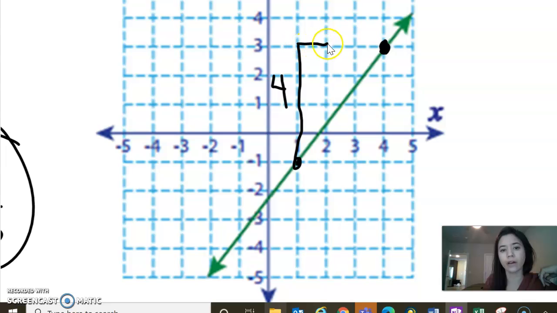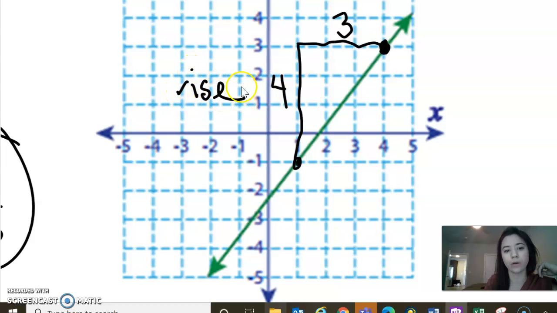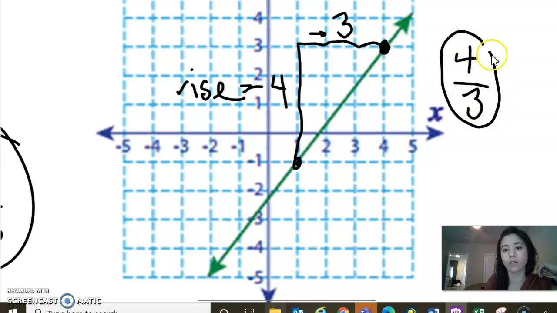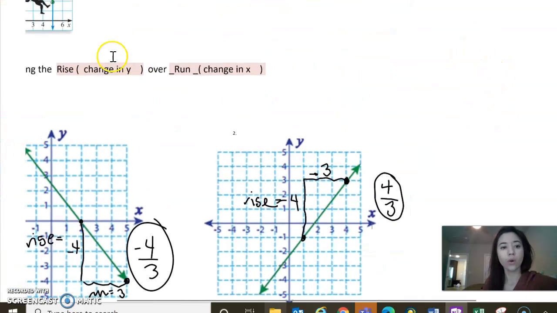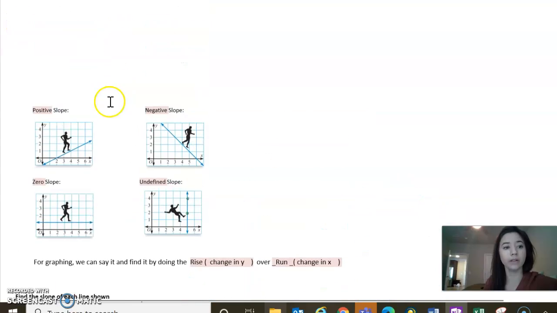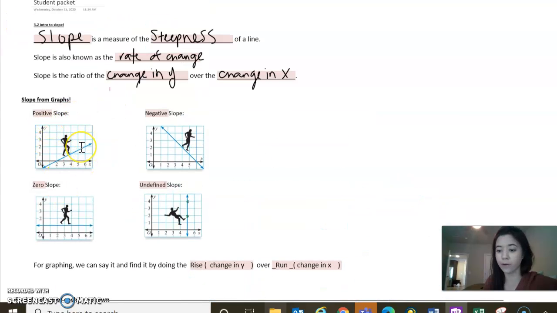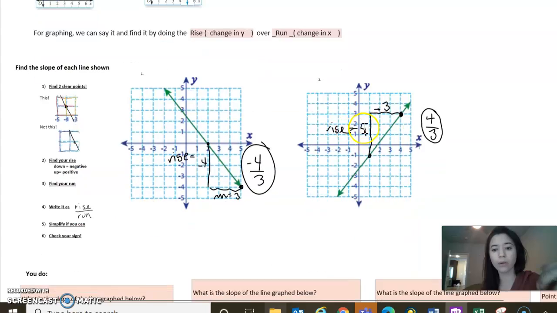Here I have to run to the right, 1, 2, 3. Again, we write this as rise over run. So how high up I went was 4. Over, I ran to the right, 3.